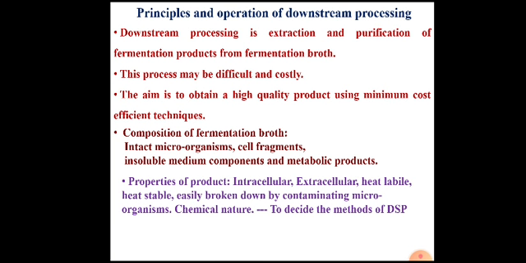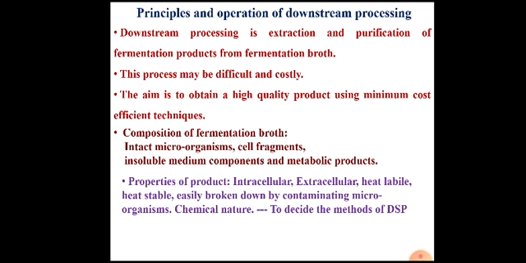Say for example, if the product is highly sensitive to heat, then care has to be taken that the fermentation broth should not be exposed to high temperature in order to avoid its degradation. If the fermentation product is sensitive to contaminating microorganisms, then aseptic conditions have to be maintained in order to prevent contamination and degradation of the product.